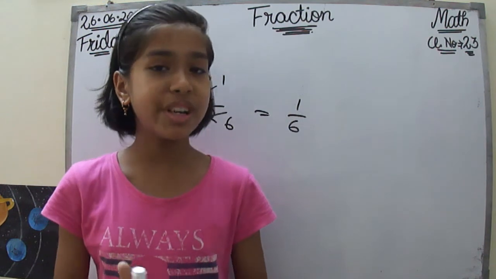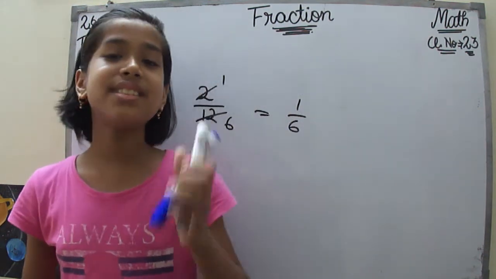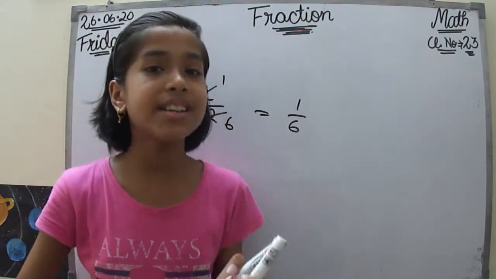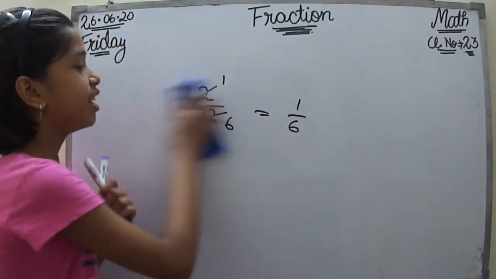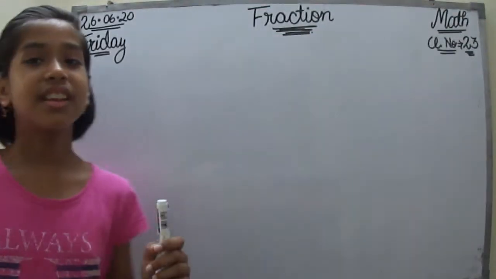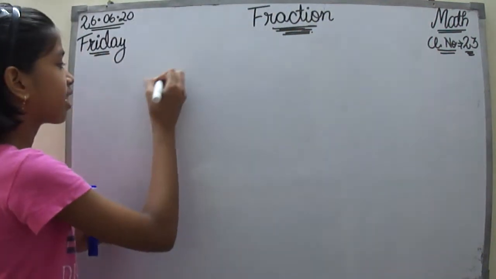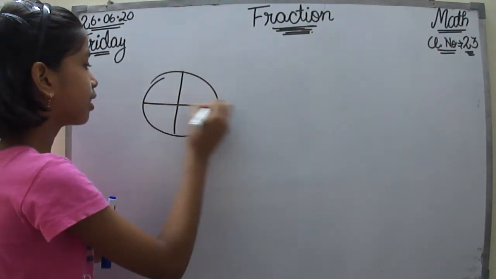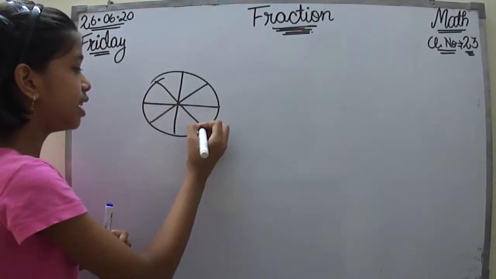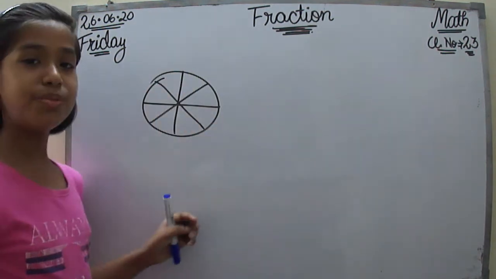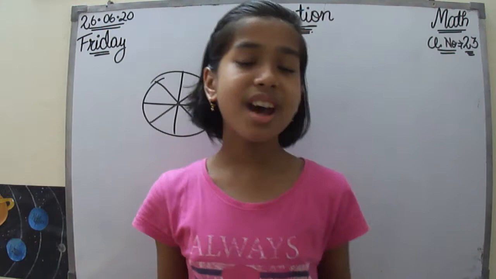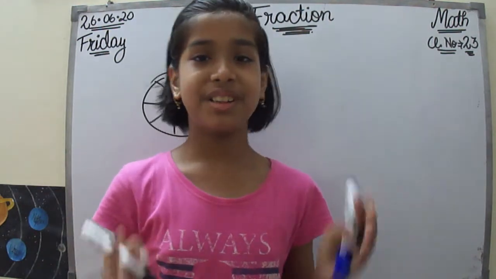So let's see some more examples. Let's start representing the fraction in numbers. So let's say that you have a pizza divided into 8 slices. Now there are 4 people.